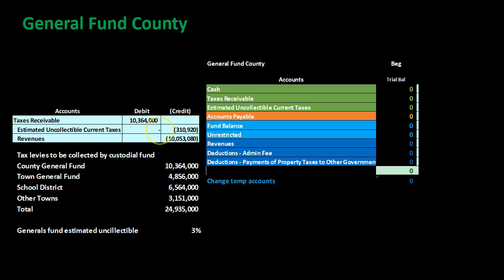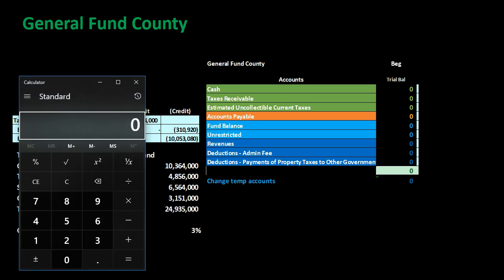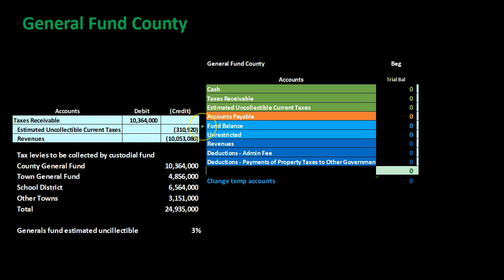This is where we're going to record the amount that will be uncollectible, the 3%. So we took that $10,364,000 times 0.03 or 3% to say that the $310,920 is uncollectible. So we're going to record that in the estimated uncollectible current taxes. The difference then is what we're now going to record as revenue.